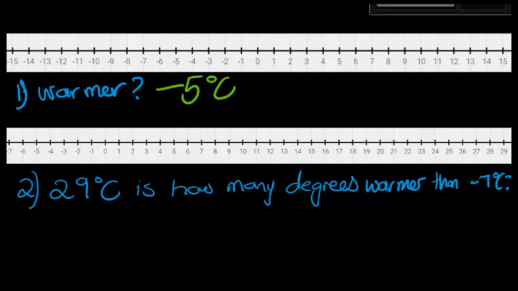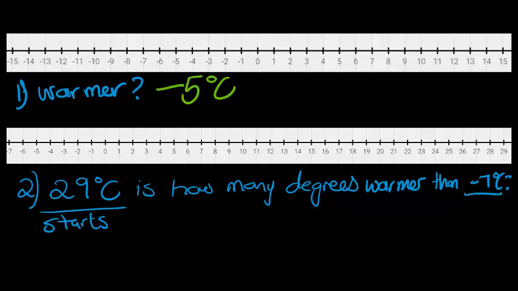Question 2 is asking us, 29 degrees is how many degrees warmer than negative 7 degrees Celsius. So now I have a bigger number line in order to give us both numbers. This question starts with positive 29 degrees and ends with negative 7 degrees Celsius. What exactly are they asking us?